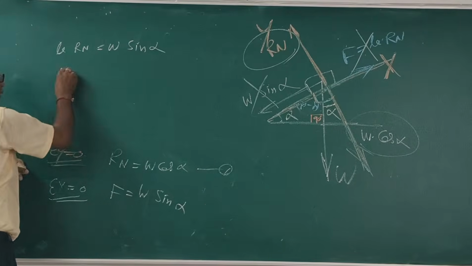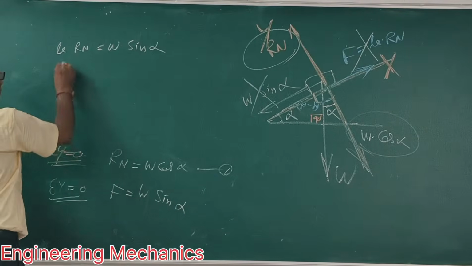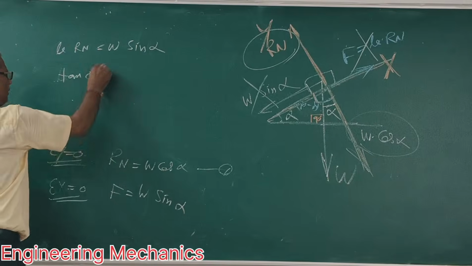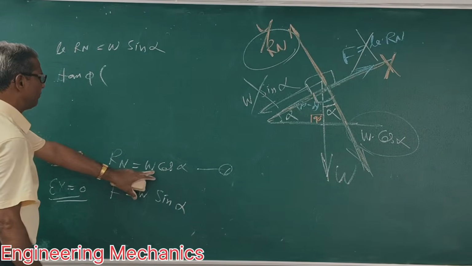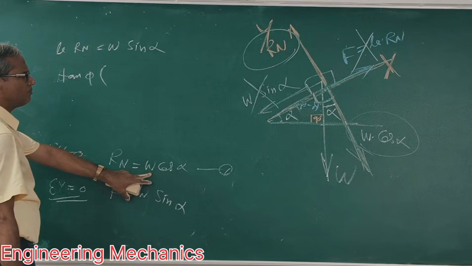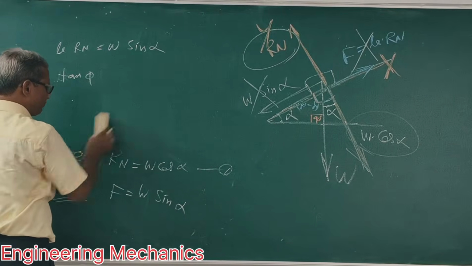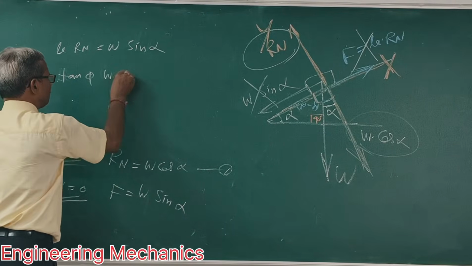Tan phi. What is Rn? W cos alpha. So tan phi times W cos alpha equals W sin alpha.